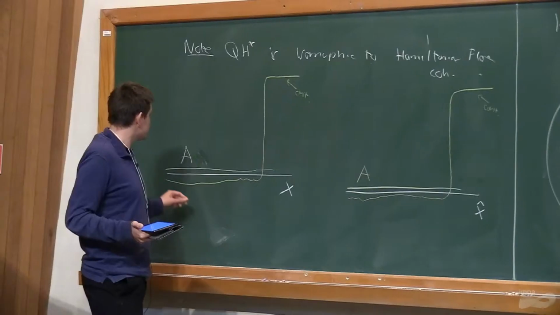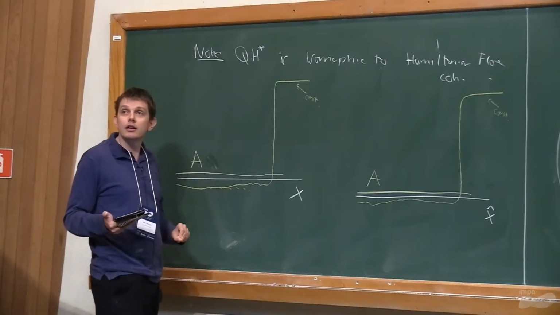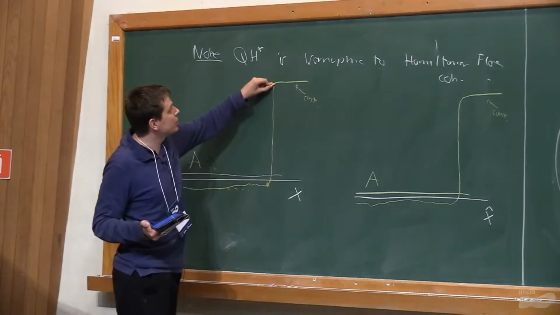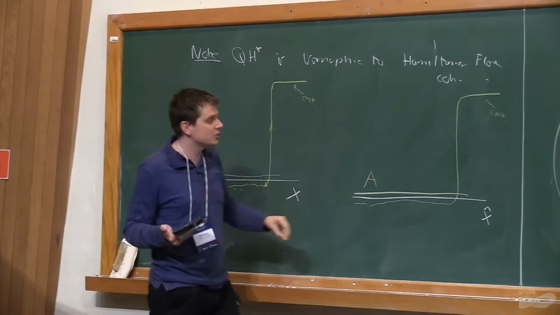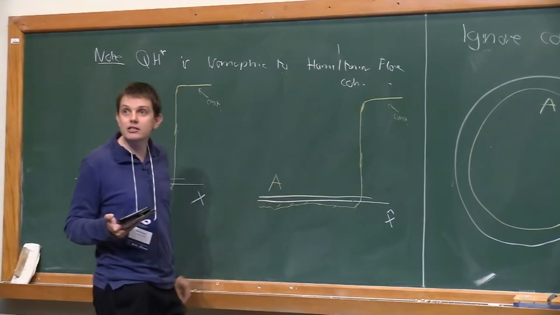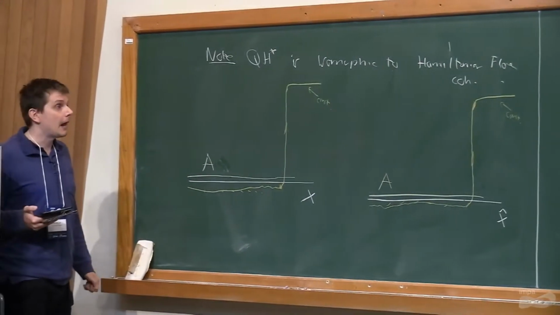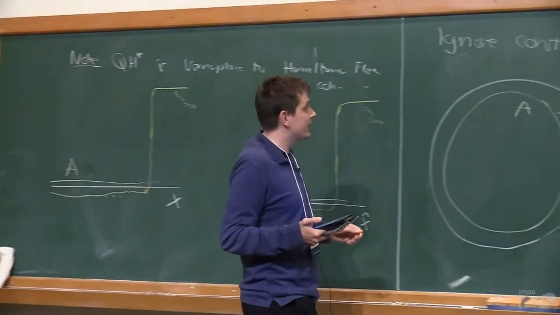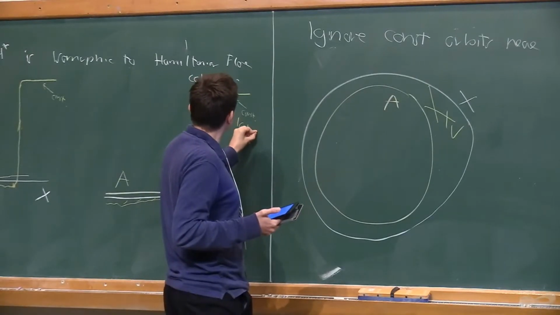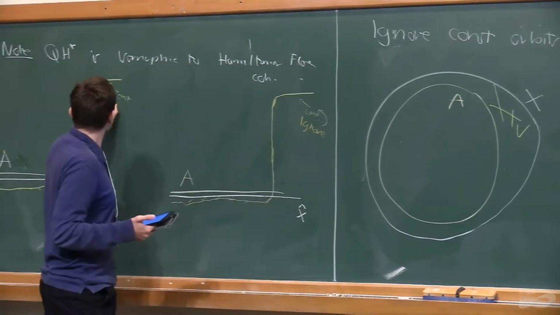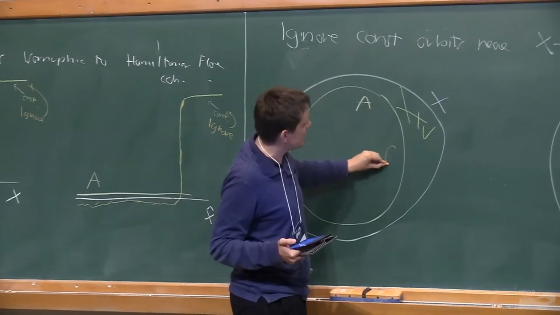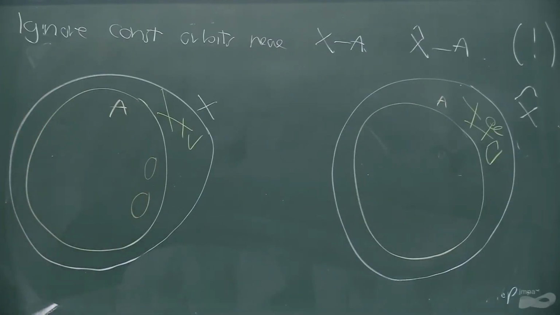There are some constant orbits here, and then some non-trivial orbits here, maybe some non-trivial orbits here, possibly some here as well, and maybe some constant orbits here. And so let's draw some orbits. I'm ignoring these, so I'm going to ignore these orbits. So I have two orbits, and they're inside A, inside some compact subset of A, like this.